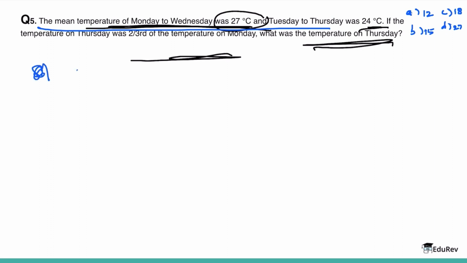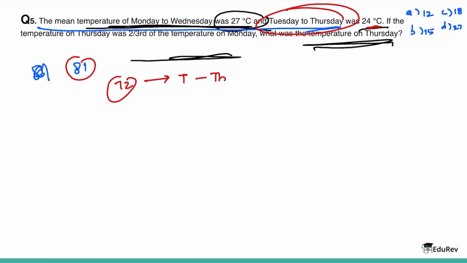Now, from Tuesday to Thursday, the average is given 24. So, Tuesday, Wednesday and Thursday, 3 days. So, again, 24 times 3, 72. So, 72 is going to be from Tuesday to Thursday and 81 is going to be from Monday to Wednesday.